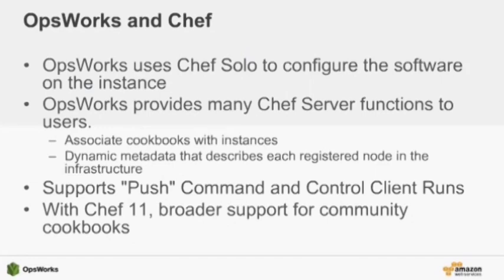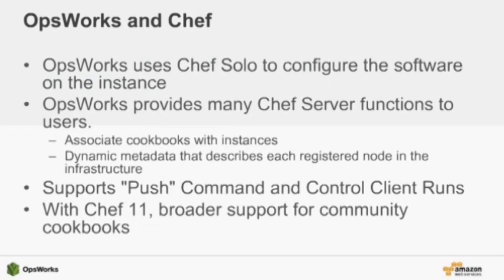The benefit of this dynamic metadata is, for example, if you had a proxy server layer and you wanted to be aware of when instances in your app server are booted or turned off, then the events that we generate can alert the recipes in that proxy server layer so you can start routing traffic or turning off traffic to those new or terminated instances.